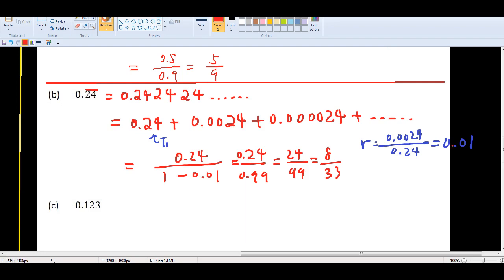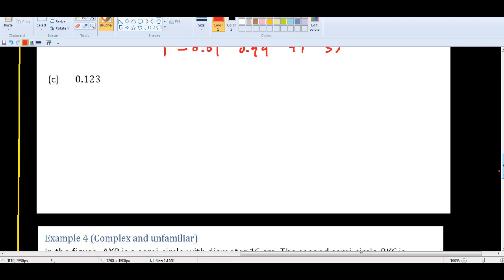Okay, the last one could be quite challenging because it's not a 3-digit recurring pattern. It's just 2 digits, but there's a 1 in front of the 2 digits. So let's think about how we could write this one. The pattern looks like this.